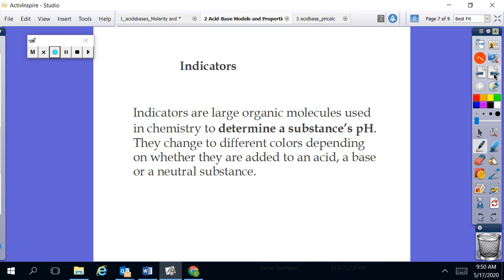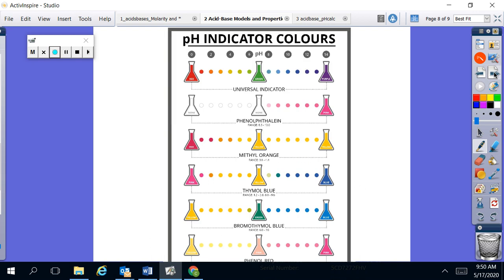So for example, this shows some different types of indicators and the colors they will have depending on what the pH is. That's how you can tell what the pH range is based on the color. For this universal indicator at the top, at a pH of 0, it would be red when added to something. It would be purple if it was 14. It would be green if it was neutral.